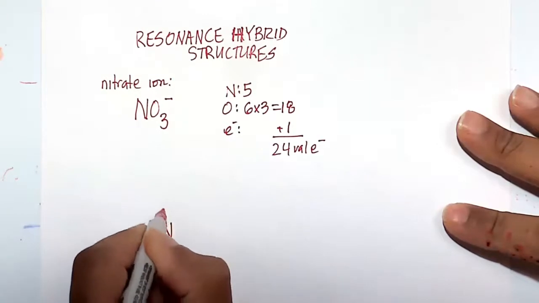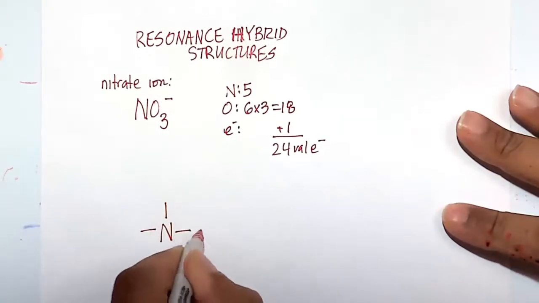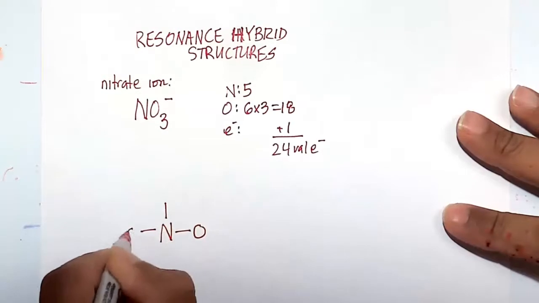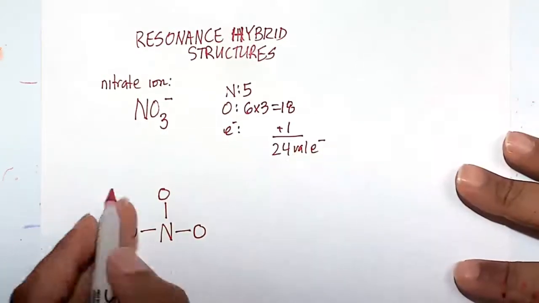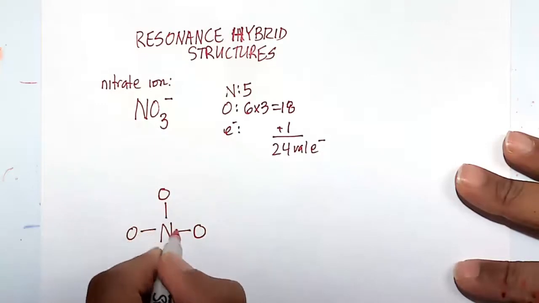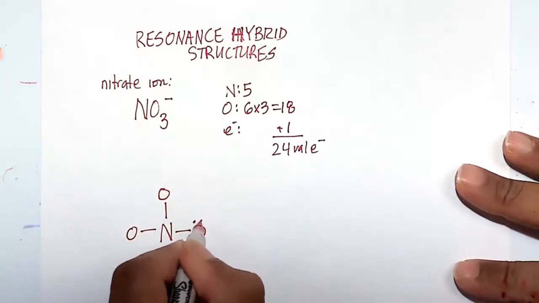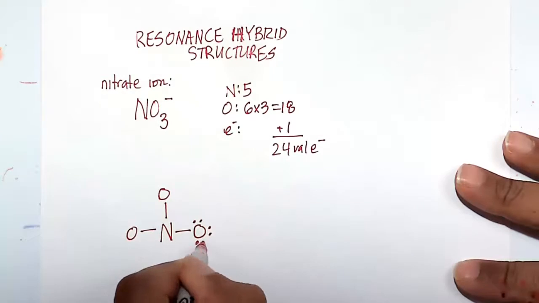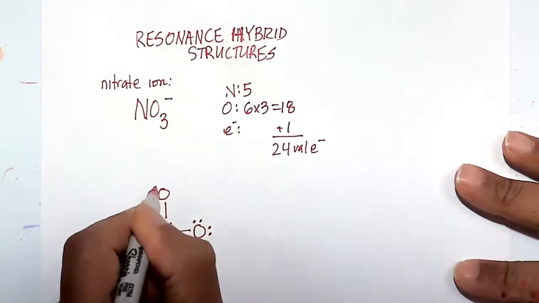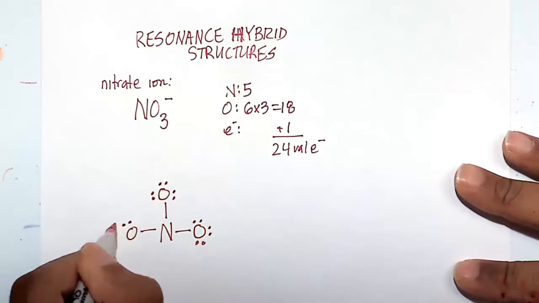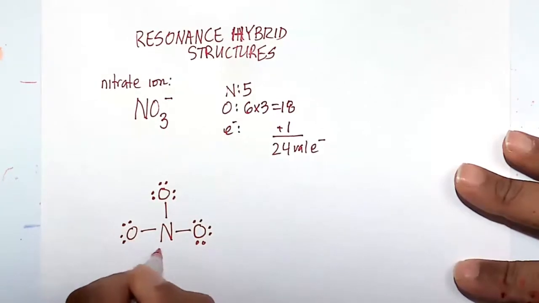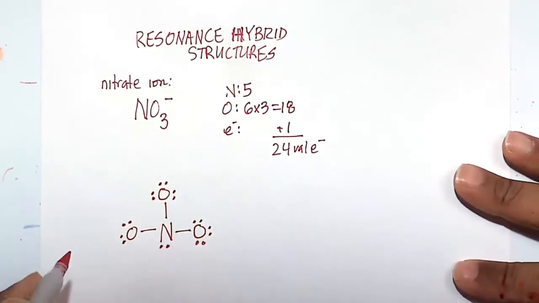Then we bond 3 oxygens to it: 1, 2, 3. We need to get 24 valence electrons in there. 1, 2, 3, 4, 5, 6, 7, 8, 9, 10, 11, 12, 13, 14, 15, 16, 17, 18, 19, 20, 21, 22, 23, 24.